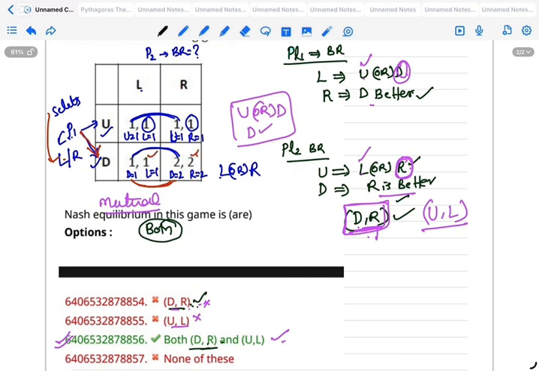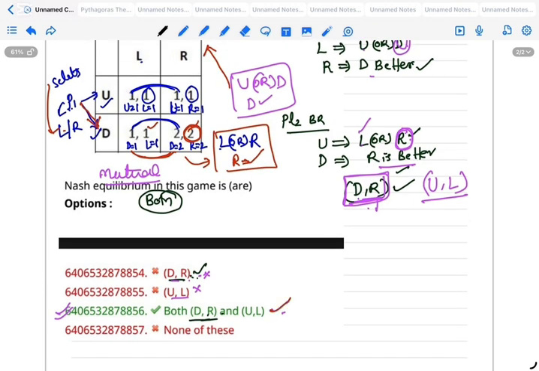Which one is better? 2 is better, that is R is better. So the answer is C, because both the conditions are satisfied mutually.